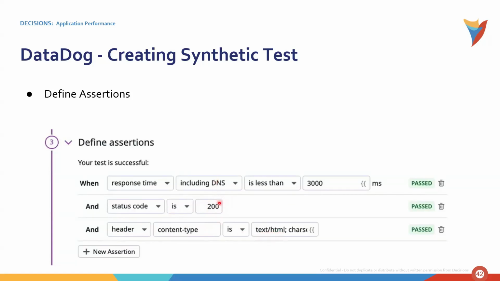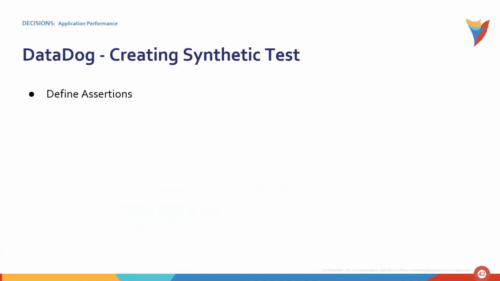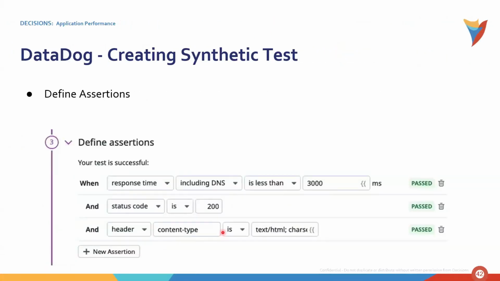When these 3 conditions are met, the request sent to this URL will be considered successful. If any of these conditions are not met, that will be considered an error, and then we can go ahead and have some alerts for it.